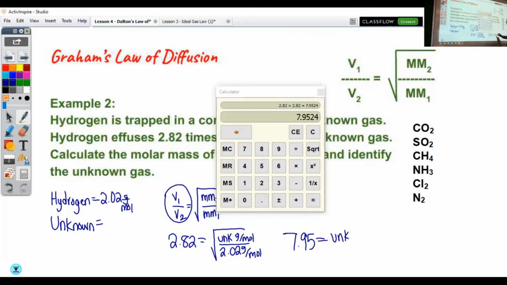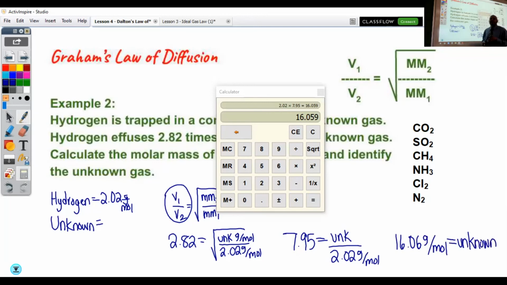So we'll now have our unknown over 2.02 grams per mole. Finally, to solve for the mass of the unknown, we're going to cross multiply. So we'll have 2.02 times 7.95. That'll give me an answer of about 16.06 grams per mole as the mass of our unknown.